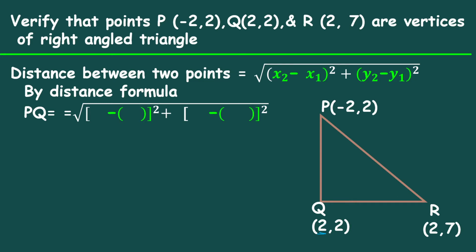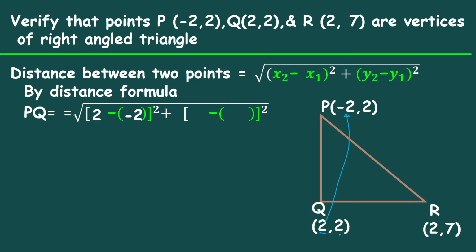The x coordinate of point Q is how much? 2, minus x coordinate of point P is how much? Minus into bracket negative 2, bracket complete, its square, plus. Now we take subtraction between their y coordinate.